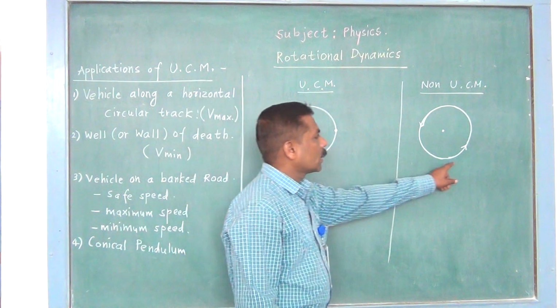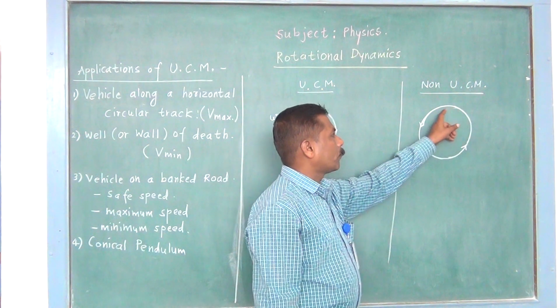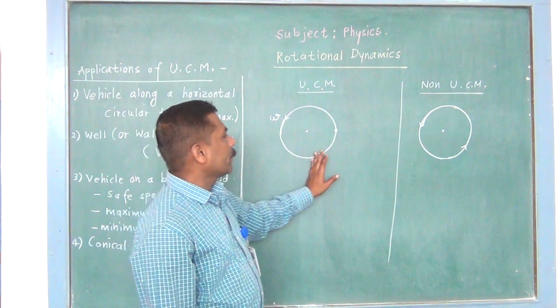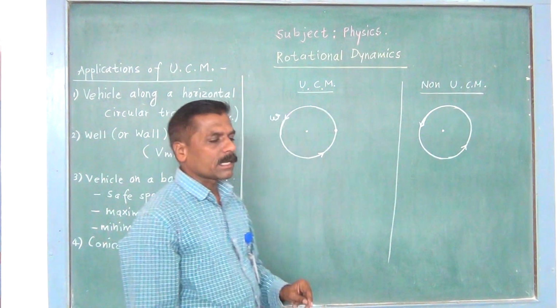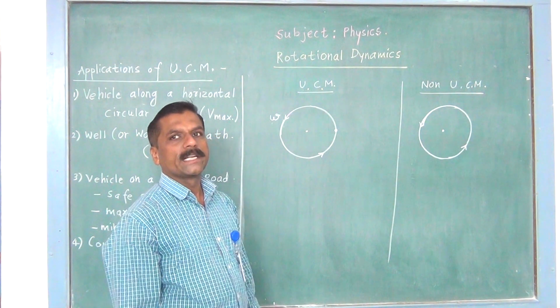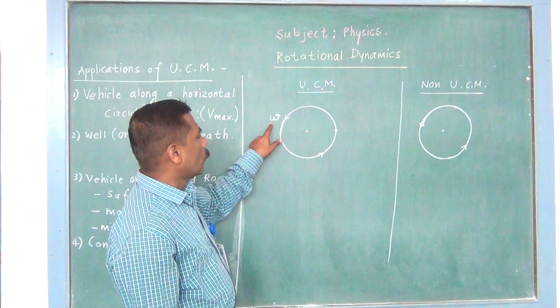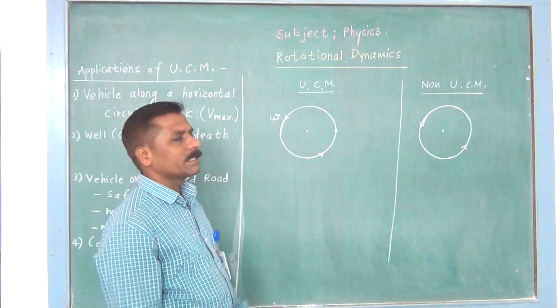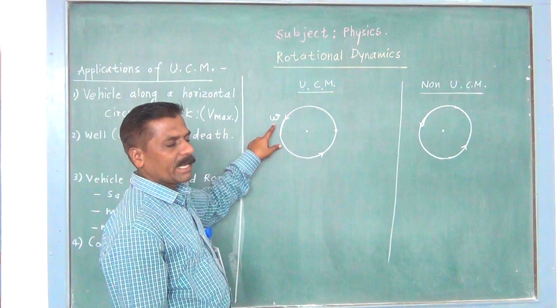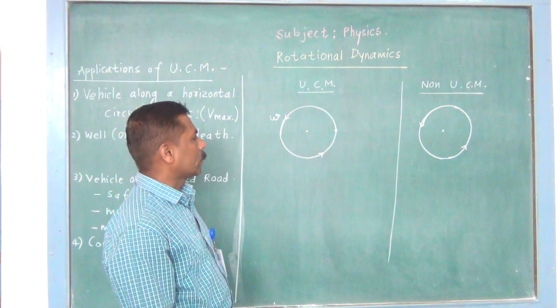So this is a non-uniform circular motion. To distinguish the diagrammatic representation, you can write omega over here so that you will get an idea about this. This omega, angular velocity, is considered constant. The angular speed, magnitude of the angular velocity.